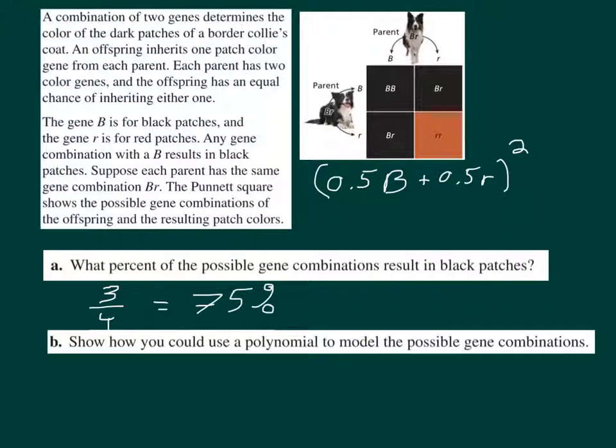Now, I hopefully recognize that this is one of my perfect square trinomials, a plus b squared, where a is 0.5b and b is 0.5r.